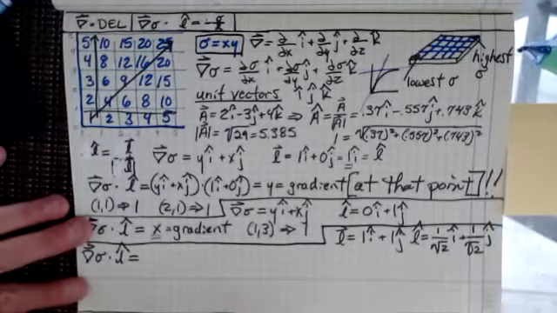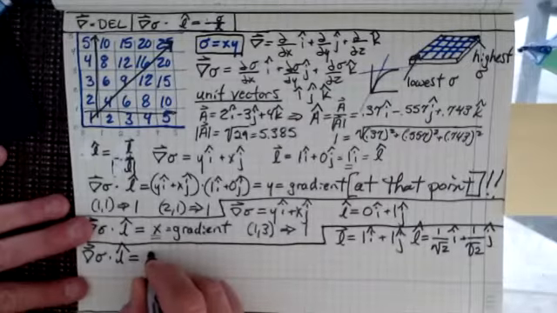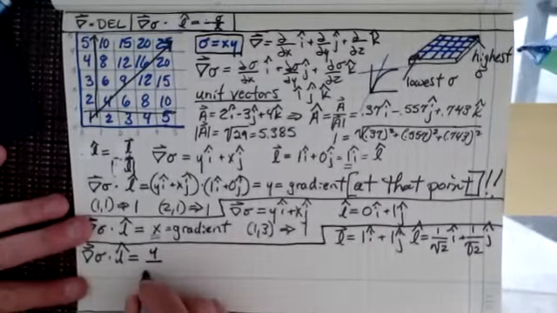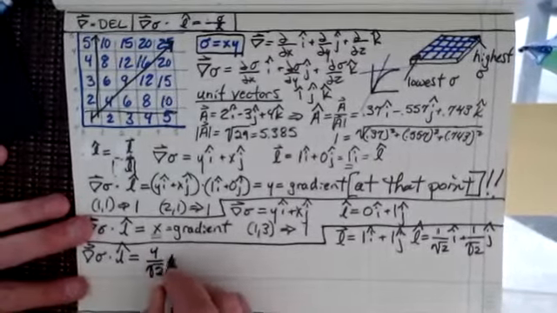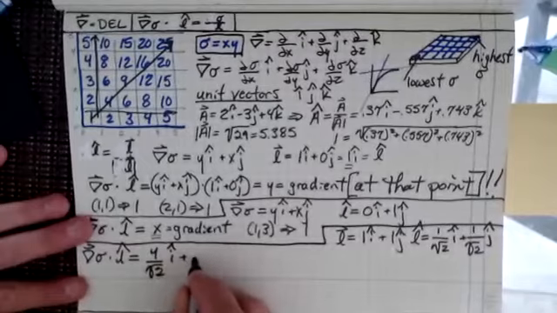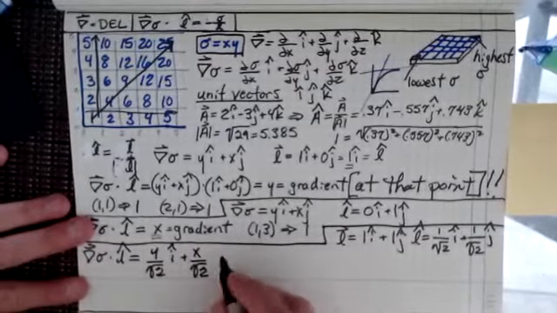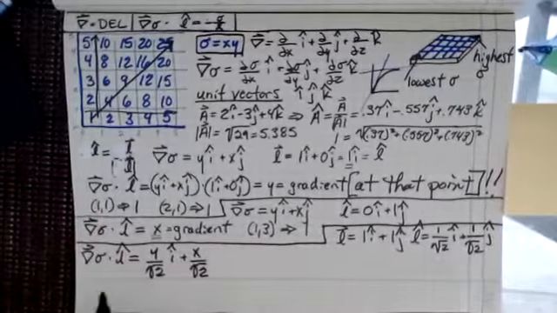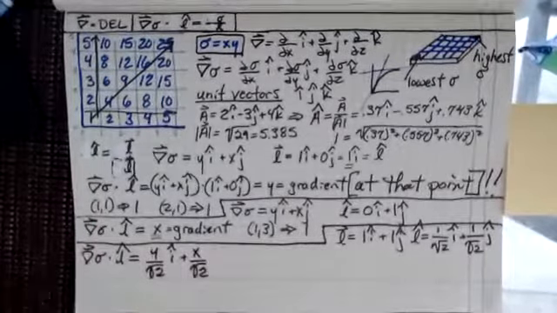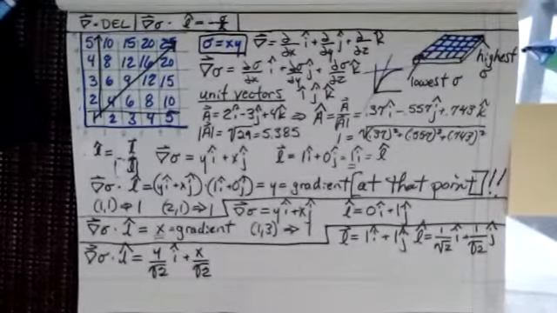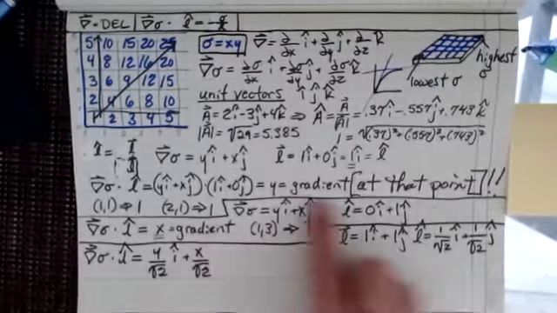Let's dot those together. So this would be y over the square root of 2 i hat plus x over the square root of 2. Oh, wait, what am I doing? I'm dotting these. Up here, it really didn't make any difference.